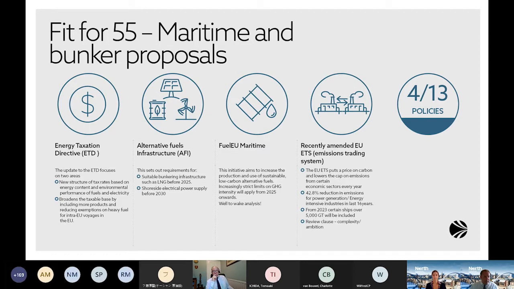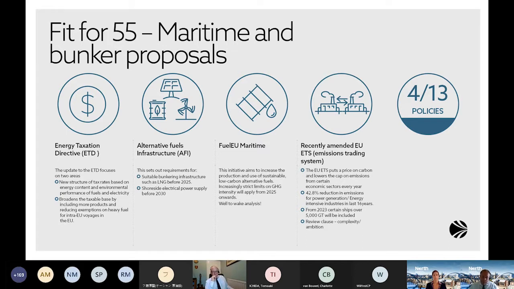And the next point, which we'll move on to lastly before the next part of the presentation, is the recently amended EU ETS. The EU emissions trading system puts a price on carbon and lowers the cap on emissions from certain economic sectors every year. It is believed that there's been a 42.8% reduction in emissions energy intensity for power generation over the last 16 years in the industry.